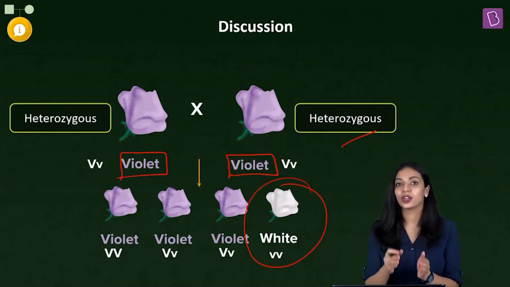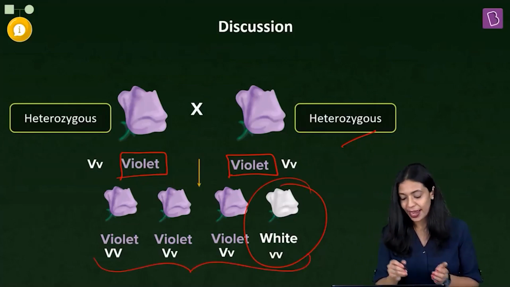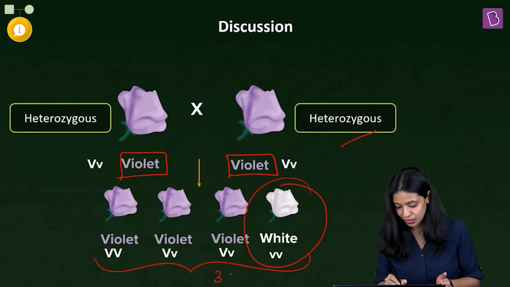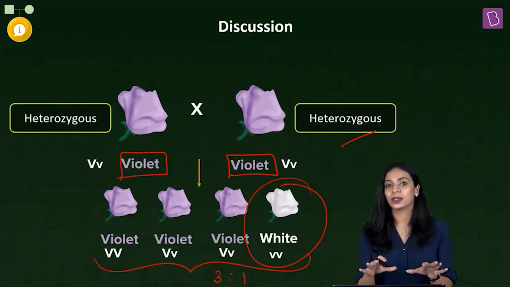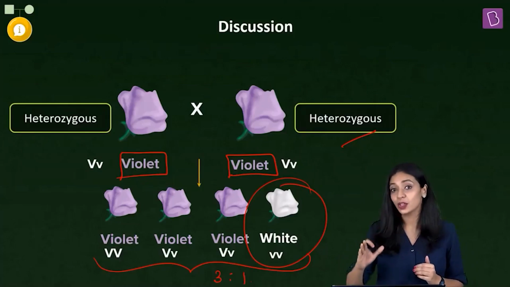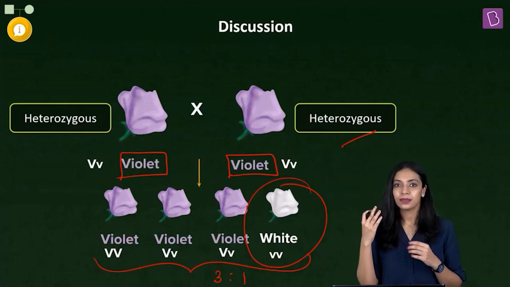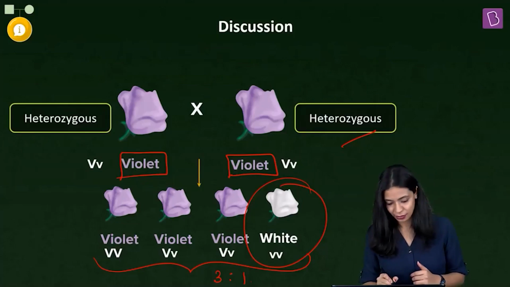So when this particular cross is performed, you get plants that produce violet and white colored flowers in the ratio 3:1. So this is a possibility of getting white colored flowers.